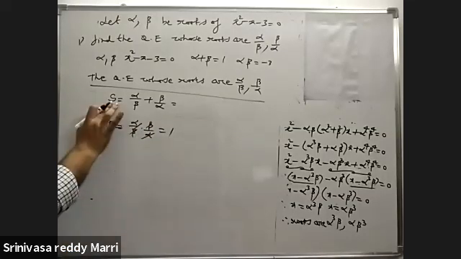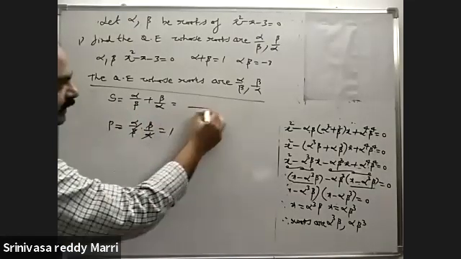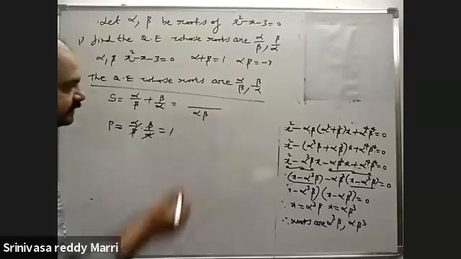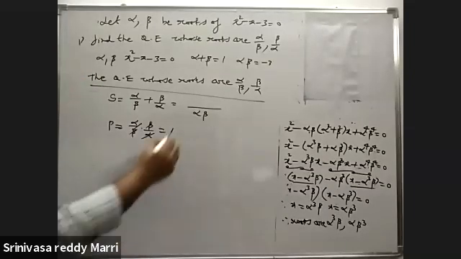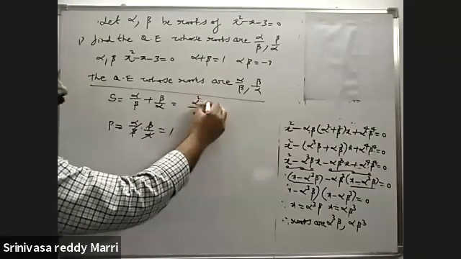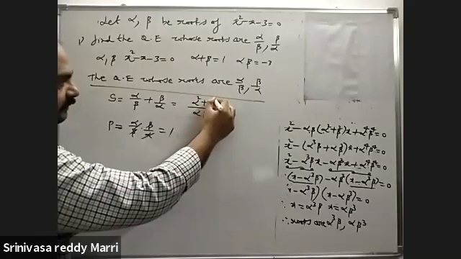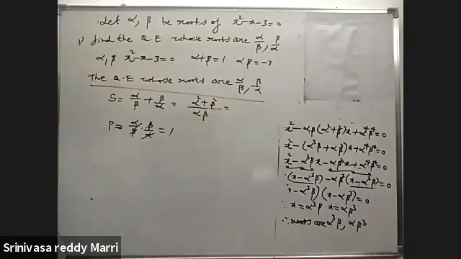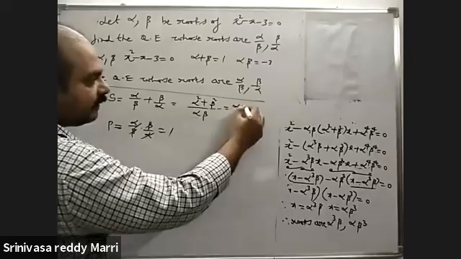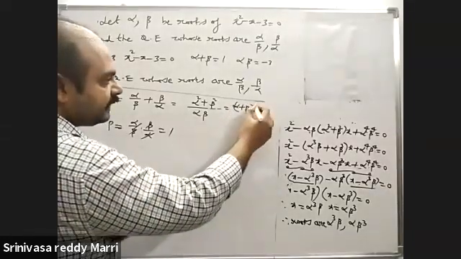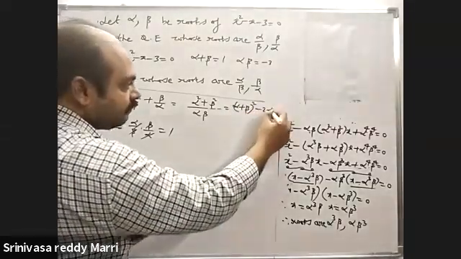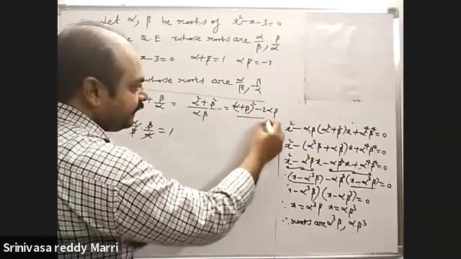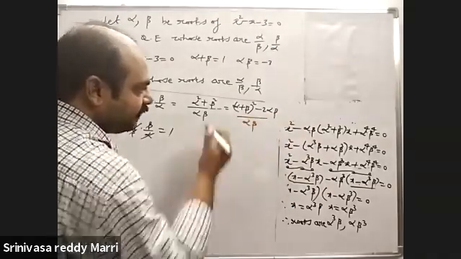So this S value, you know how to calculate. Alpha beta is the LCM, okay? So you will get alpha square plus beta square. This value is nothing but alpha plus beta whole square minus 2 alpha beta, divided by alpha beta.